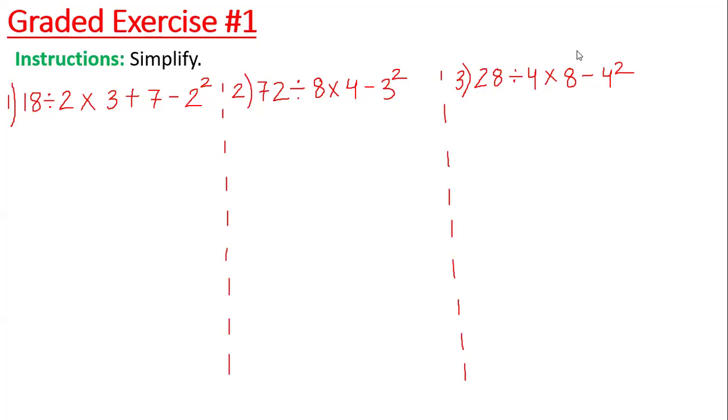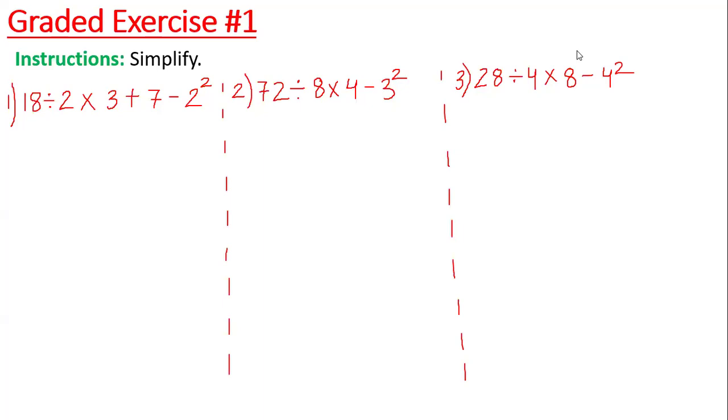Okay, and Zion Davis, are you there? Yes, sir. What number are you on? Number 2. Do you understand what to do? Yes, sir.